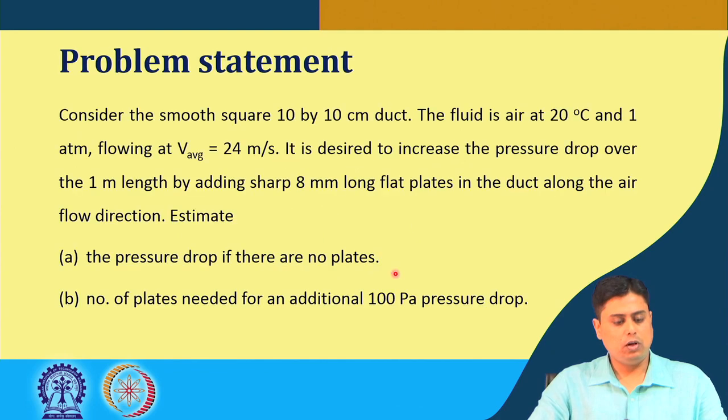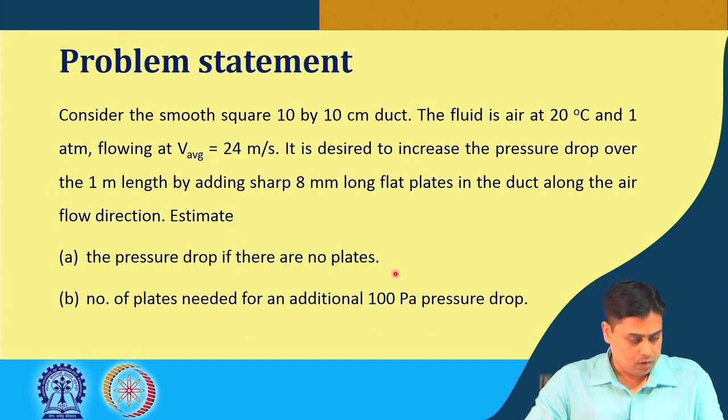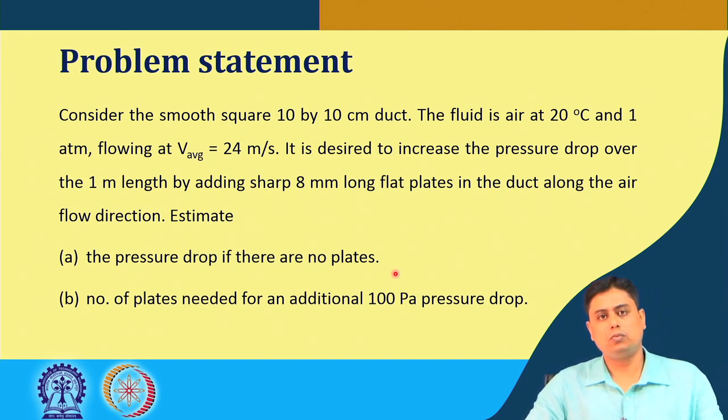Now, we move on to a bit more complex problem that involves the concept of drag. The problem says to consider a smooth square duct that has a dimension of 10 by 10 centimeter.